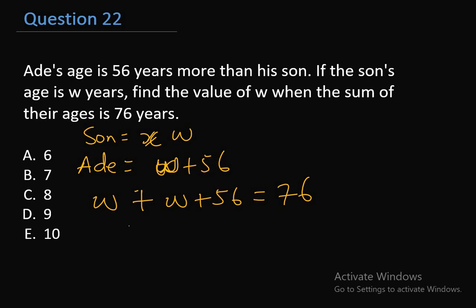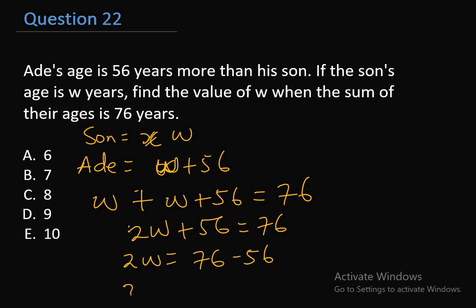w plus w will give me 2w + 56 equal to 76. Collect like terms. 2w will give me 76, bring 56 here, minus 56. 2w, 76 minus 56 is 20.